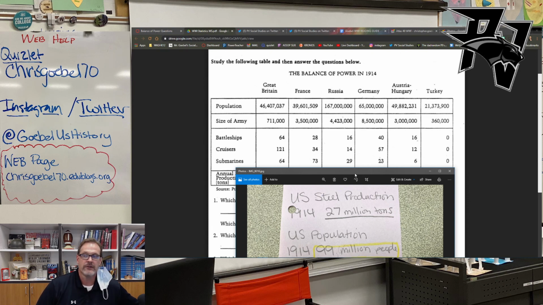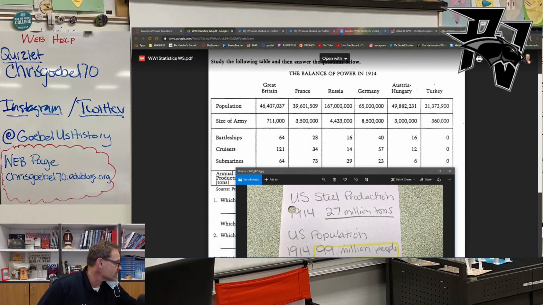Guys, those years under Andrew Carnegie and John D. Rockefeller growing the country industrially worked. And it worked not just a little bit, it worked a whole lot. Our country grew in population, it grew in production, and it's going to grow in world power as well. Okay, all right. So that's the end of that.